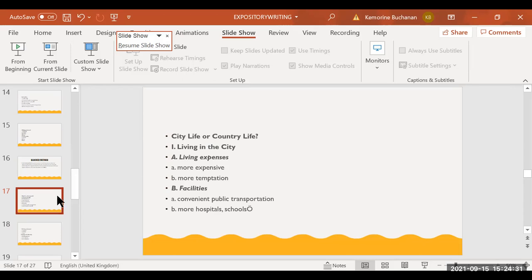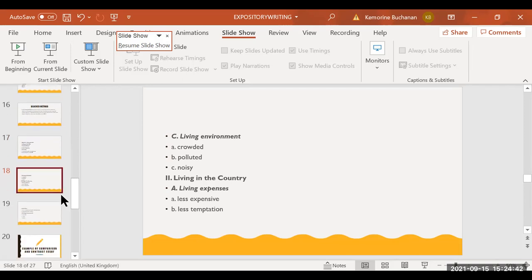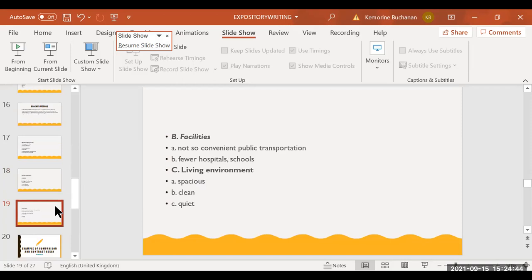So on the city, we have all the living expenses, we have all the facilities, we're looking at living environments, and that is all related to the country. And then when we get to the country, we do the same thing: facilities, living environment, all of that. And then after we've done that, we can create the comparison, or better yet, we can create the contrast.